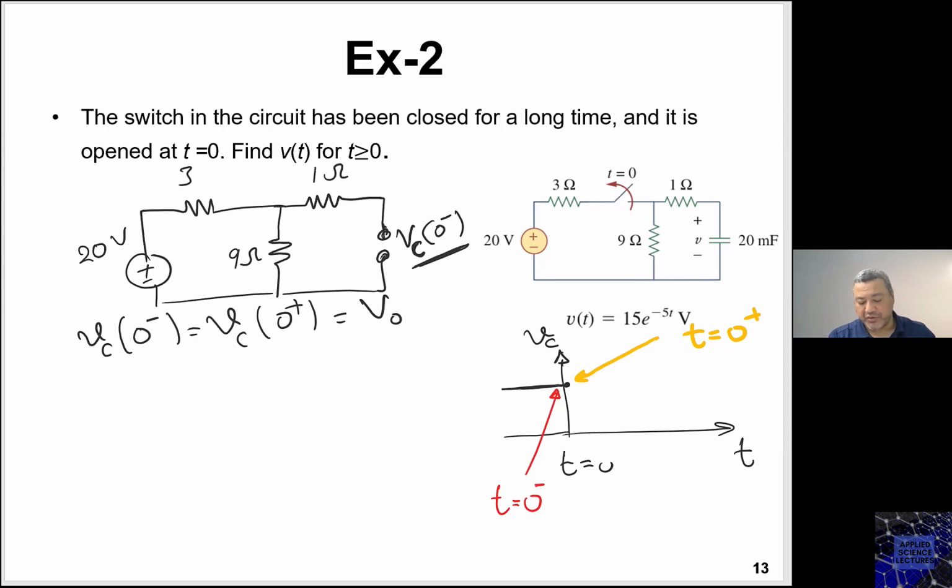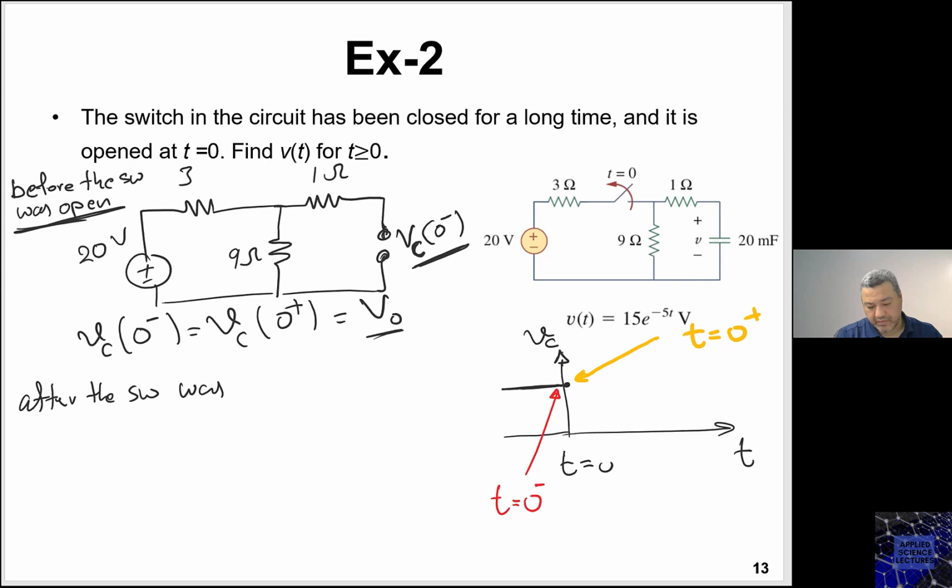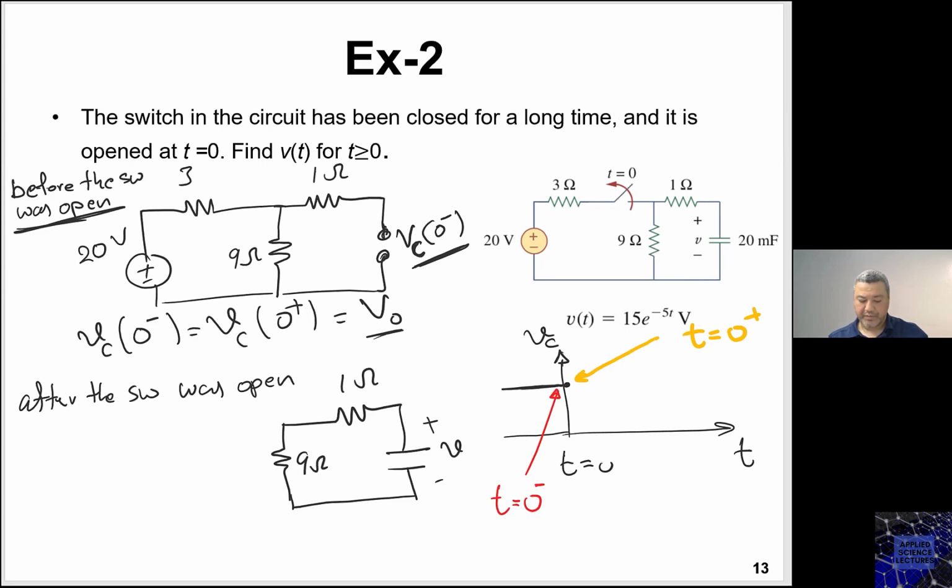So this is the way to find my initial condition. Why? Because here, this is the circuit before the switch was open. Now this is the circuit right after.